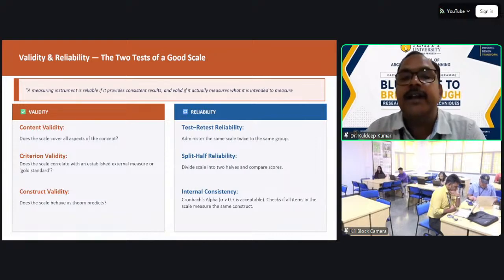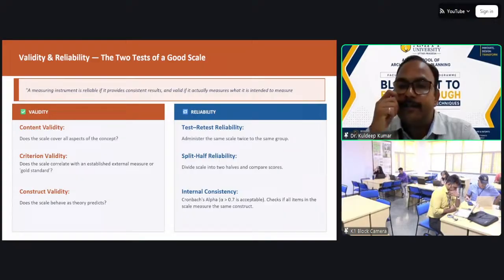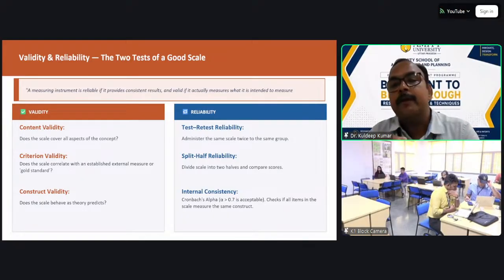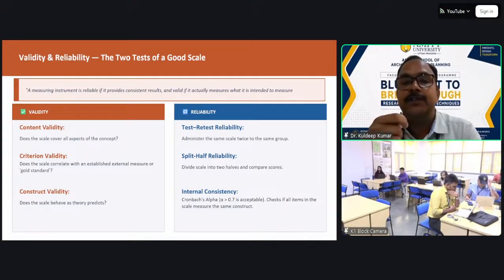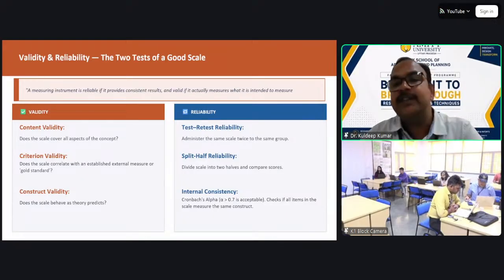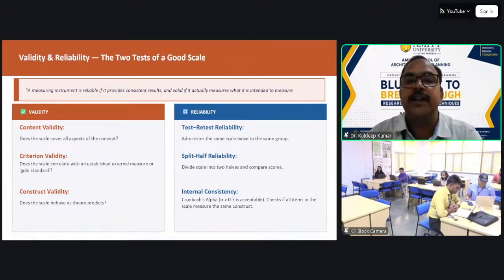In criterion validity, does your scale correlate with an established external measure or standard? Suppose your perceived safety scale gives a low score in a particular area, and that area also has a high crime statistic, that means it is demonstrating that criterion validity is there. So it is matching with already existing benchmarks or standards.